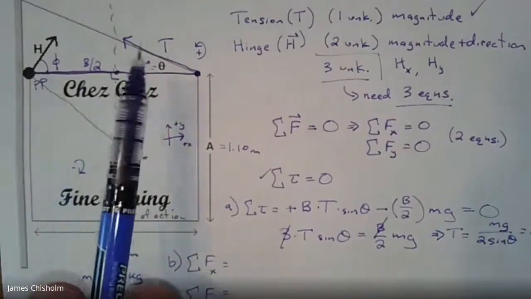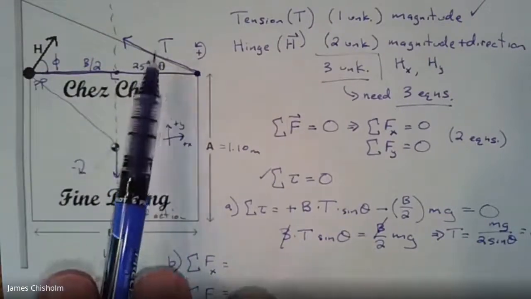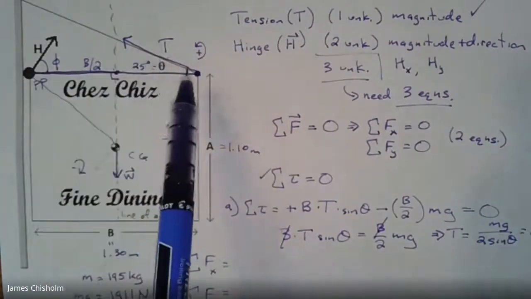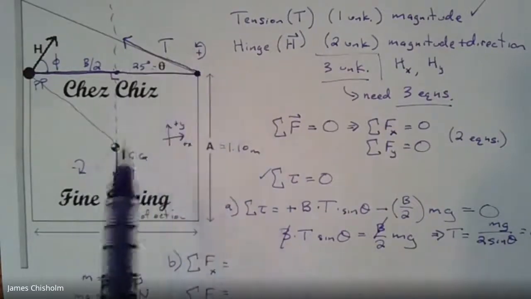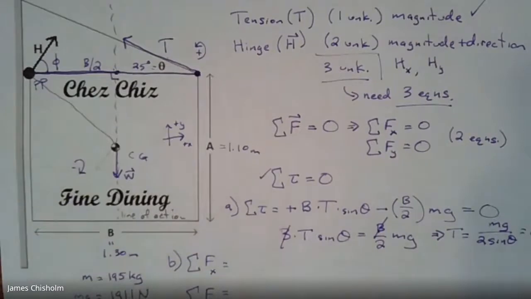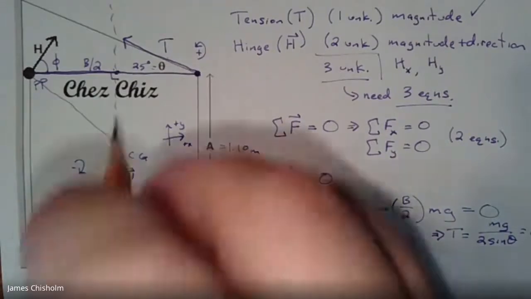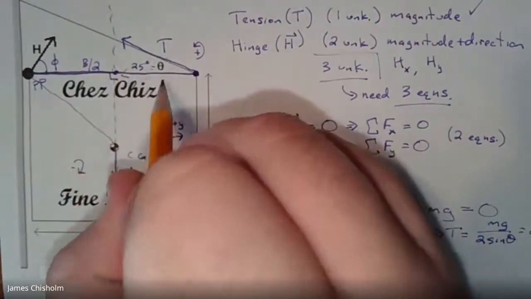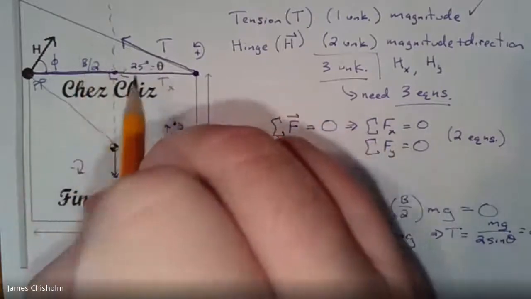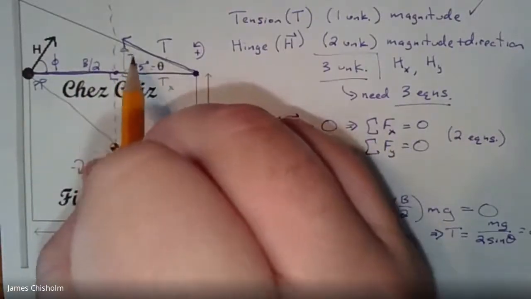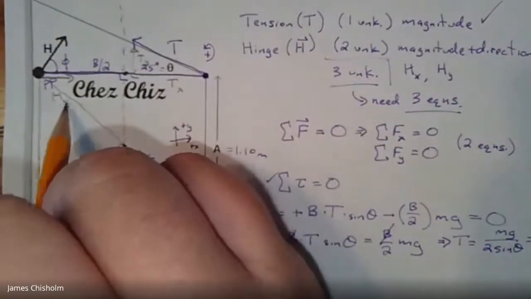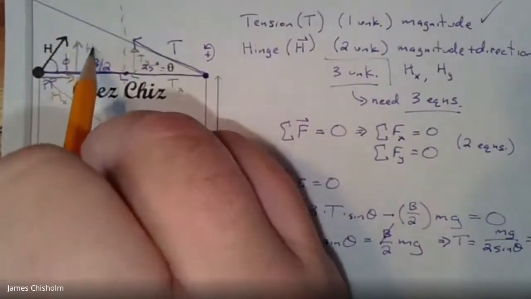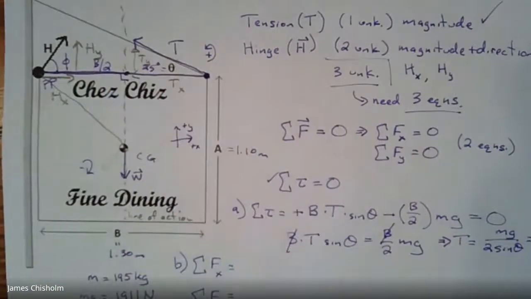Both the hinge force and the tension have both x and y components, but we can easily split them up using sine and cosine as we have always done. In fact, continuing to sketch on this figure, we would have some Tx going that way. We would have some Ty going this way. Same thing over here. I would have some Hx and some Hy acting on this hinge.